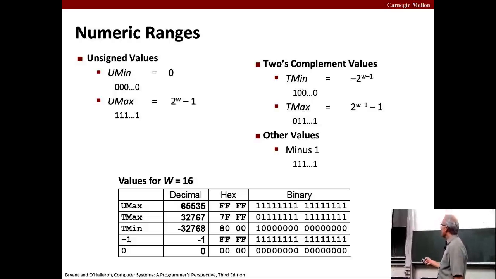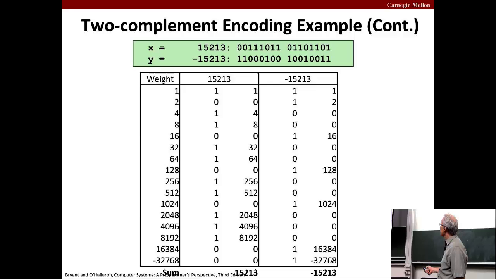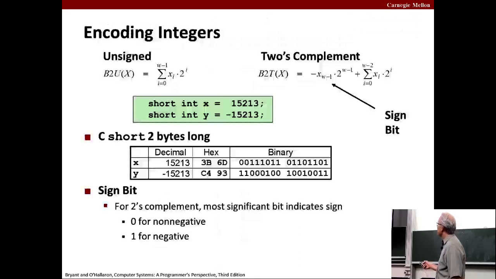So one is, if you have an unsigned number, then this is just the conversion. BTU means from bits, a bit level representation, to an unsigned number of some bit pattern.